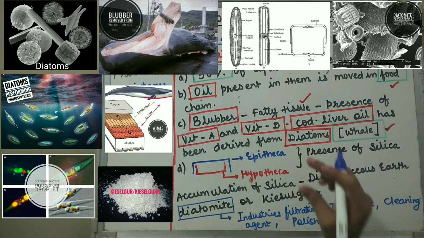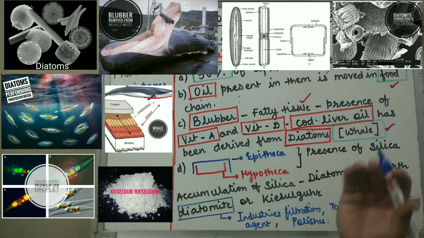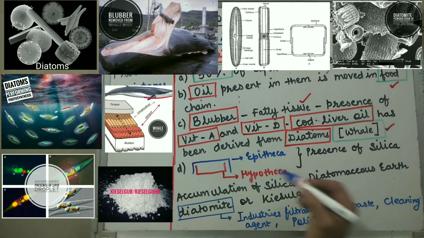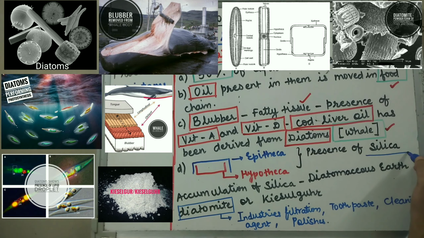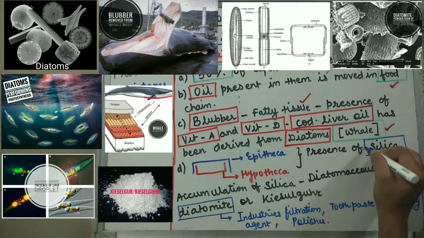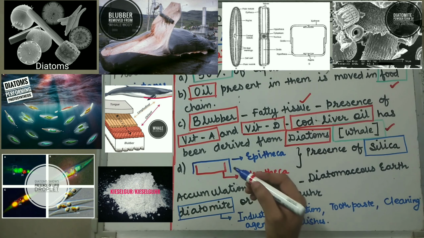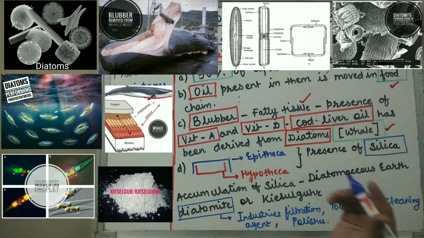Now you are already aware of the structure that we have already discussed with respect to diatom. Generally they are made up of epitheca and hypotheca, and both have the presence of silica. Now silica is the deposited part which is seen when this organism gets degraded.